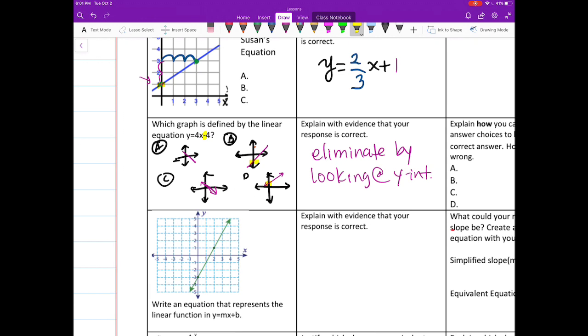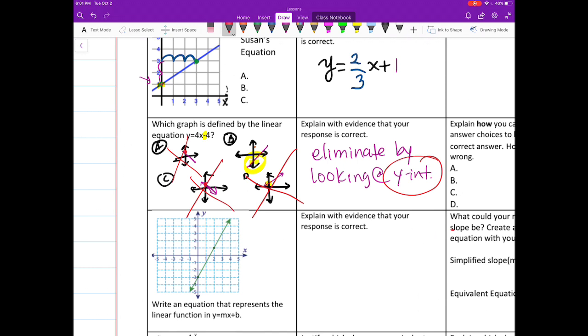No. It needs to be over here. So there, that one's eliminated. Look at this one. The y-intercept is in the positives. That's eliminated. Again, the y-intercept is in the positives. I can eliminate that. So just by looking at the y-intercept on this problem, I can find my answer.